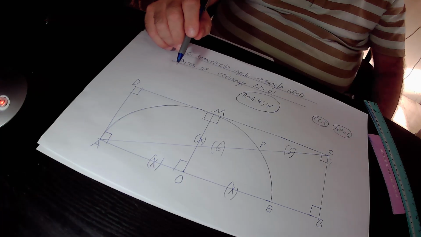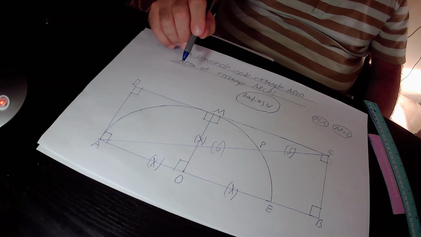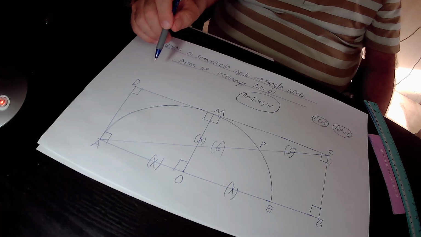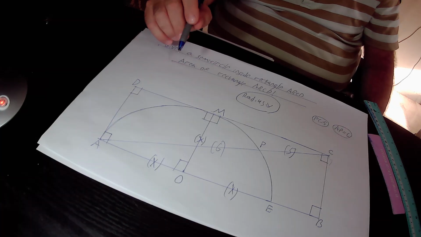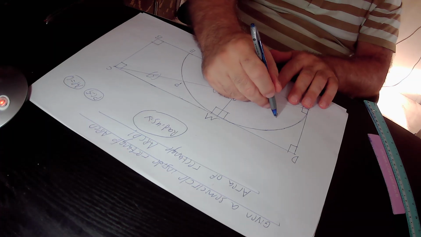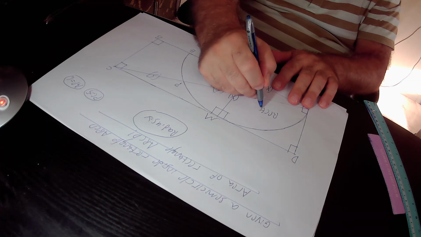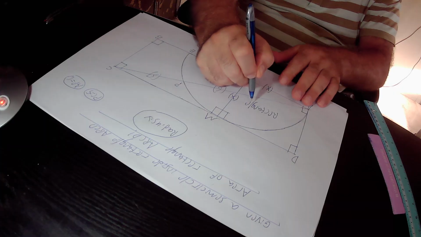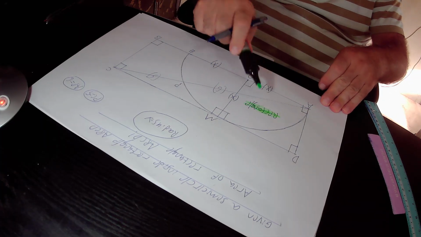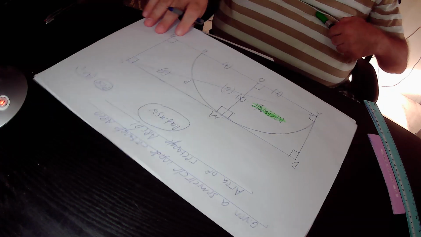And according to rule 5, any quadrilateral that has 4 right angles must be a rectangle if not a square. So DMOA is a rectangle because it has 4 right angles. But we also know that the opposite sides of a rectangle are equal to each other.